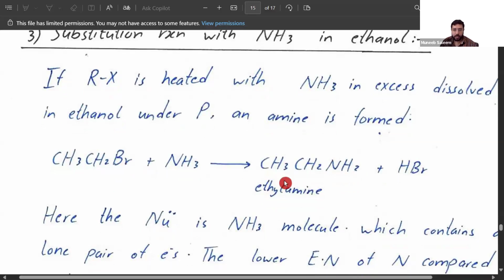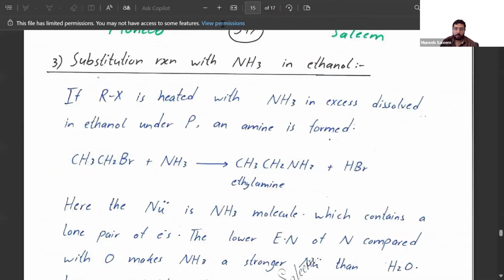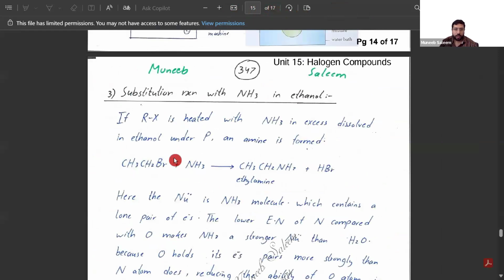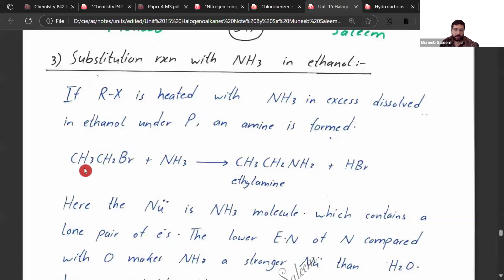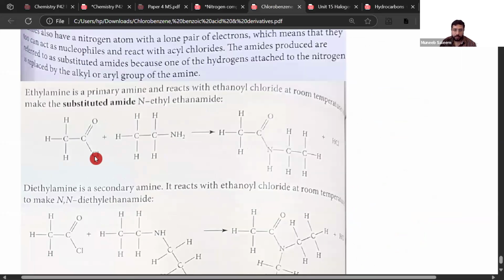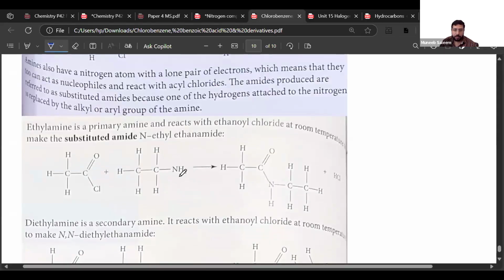Now this reaction can carry on, and you can see this type of reaction even in the amide compounds. Here this is the substituted amide. In a similar way, the amide compound, which is a derivative of the halogen alkane, reacts with the amine compound, and now this time the nitrogen, which previously had two hydrogen atoms, now has two alkyl groups.